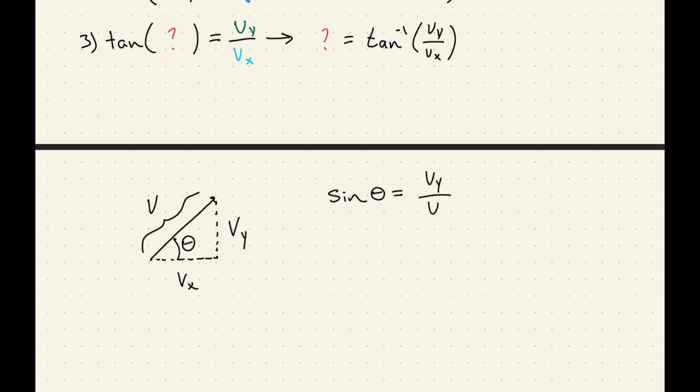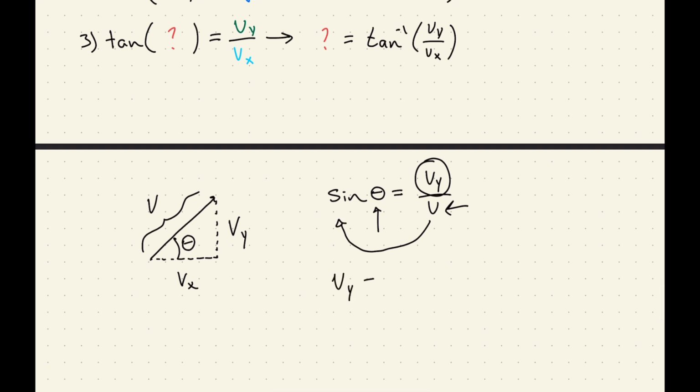And if you have this and this, then you can calculate this by just multiplying v onto this side. So you have Vy is equal to sine theta times v. The magnitude and the angle gives you the component. Same thing with the other component. Angle and magnitude of the vector gives you the component.